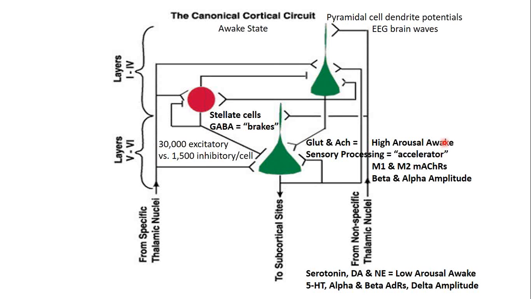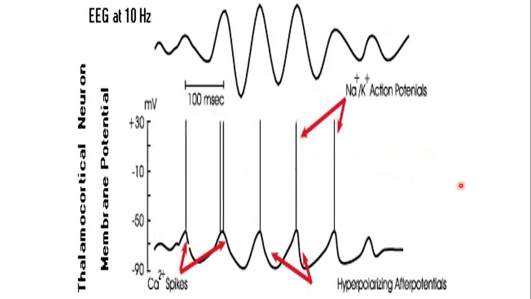A high arousal awake state, and when there's an abundance of the monoamines, serotonin, dopamine, and norepinephrine inputs, we move to a low arousal awake state characterized by more delta activity compared to, in the high arousal state, more beta primarily, and sometimes alpha.